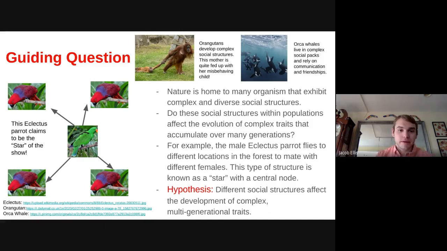So in here, we have our awesome example. Our favorite is the Eclectus Parrot. The Eclectus Parrot represents one of our social structures. The male Eclectus is in the middle with all the female Eclectuses on the side. This represents that the male Eclectus is the central node of the population, with all the female Eclectuses on the side.